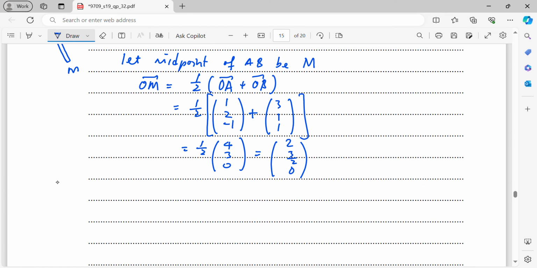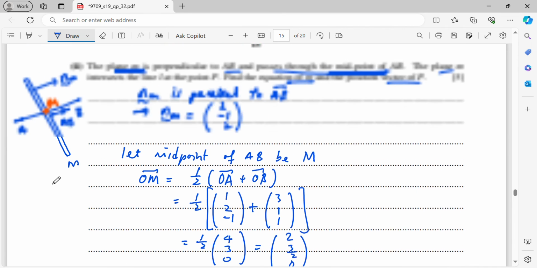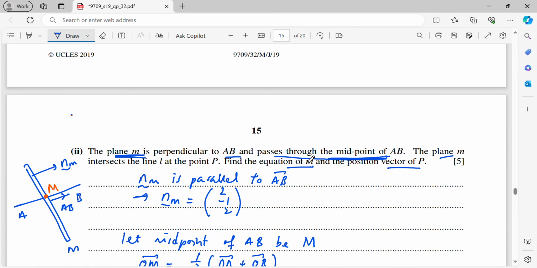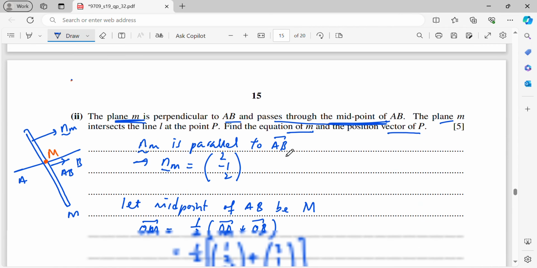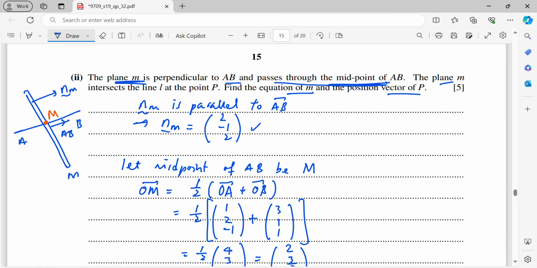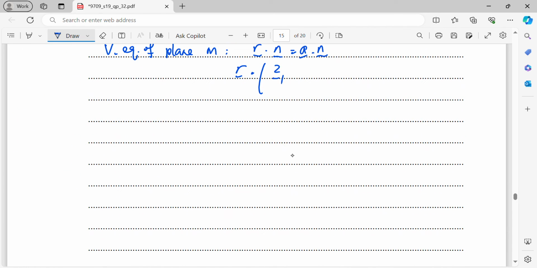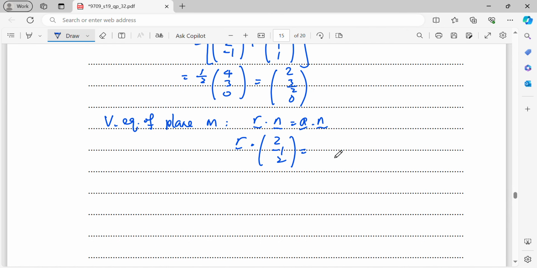Now, my M, the equation, okay, vector equation of plane M, that is r dot n equals to a dot n. So, now, the question is asking for find the M. So, the M is basically, you can just write r dot, the n is 2, minus 1, 2, equals to a is the point.